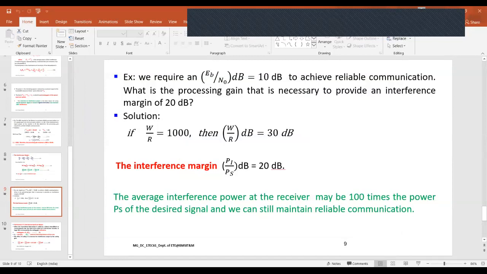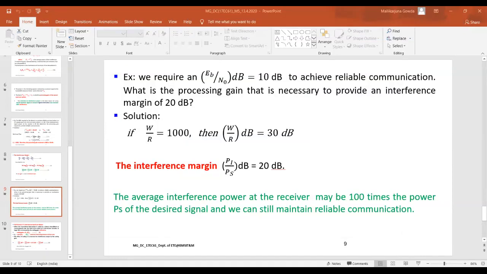Okay, I think you could get it now. Eb/N0 is given as 10 dB and he has given the interference margin as 20 dB. I need to calculate the processing gain required. If I take W/R as 1000, in terms of dB it becomes 30 dB.